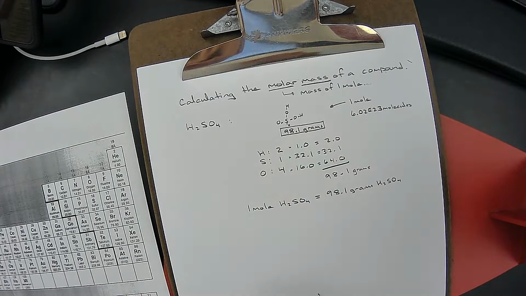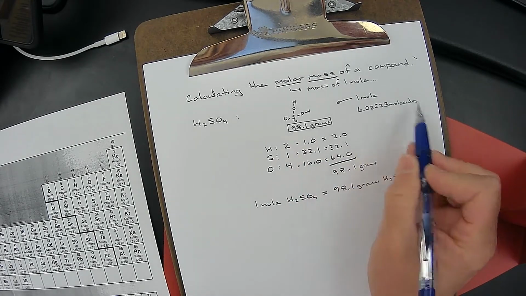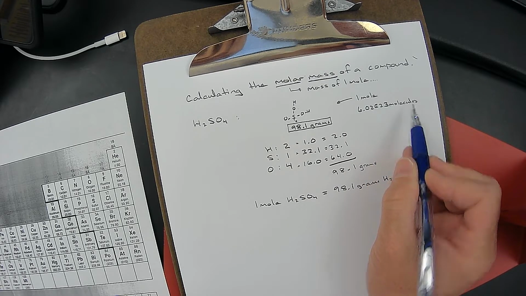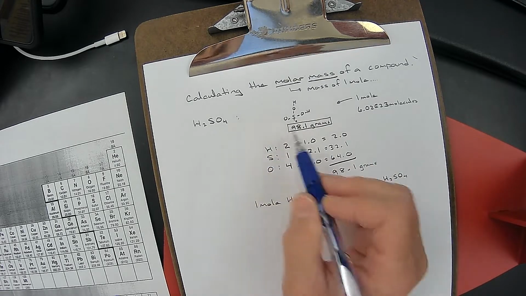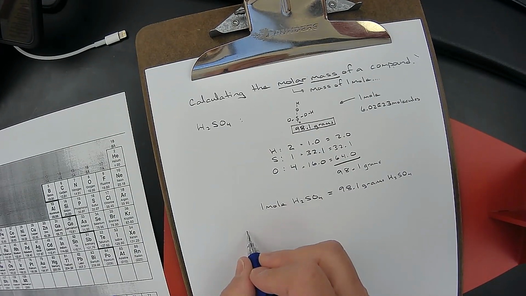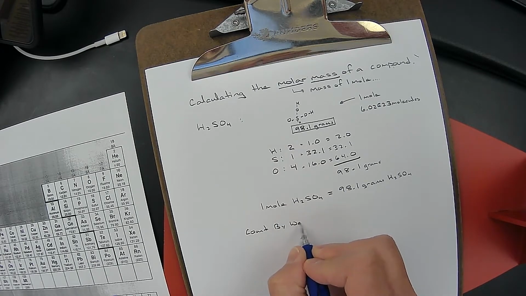So the way that we can think about this for counting by weighing, there's no way we're going to be able to count out 602 billion trillion molecules of H2SO4. But we can count them by weighing, and that's what a mole allows us to do. Count by weighing.